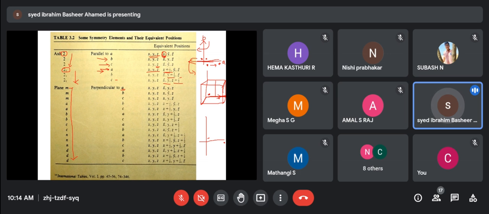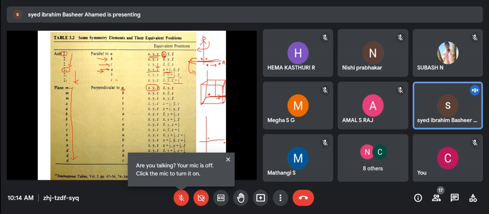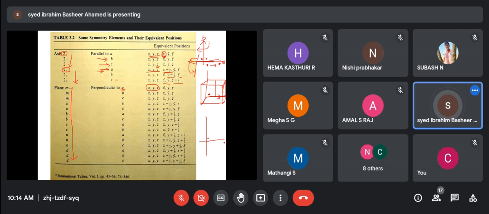Normally you will have a molecule here for which you have the coordinate X, Y, Z. This is the A axis, and you have the mirror plane perpendicular to this A axis. What will happen? This will be reflected here. Yes or no?